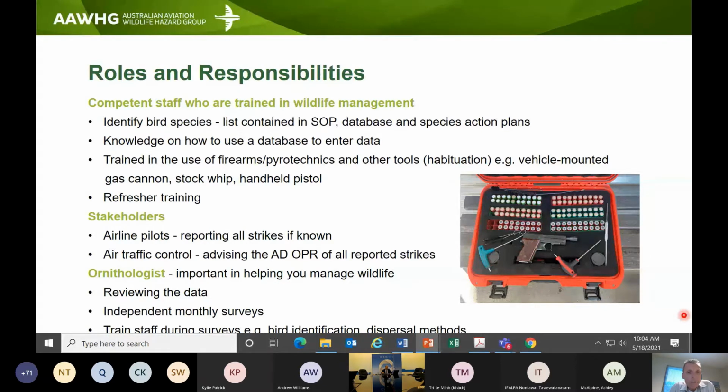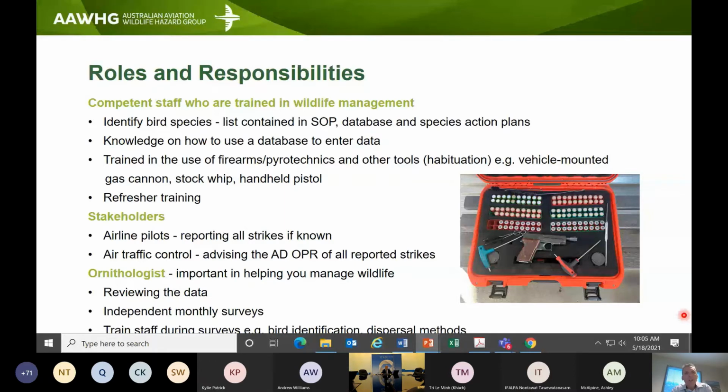Certainly this all comes through identifying bird species that are listed in SOPs, or if you may have a database that has all the different bird species that have been identified at your airport. What we have is what we call a species action plan. For some of the species that are considered high and medium risk, we have an action plan in place for each particular species.